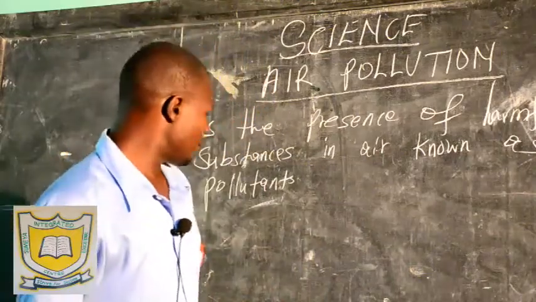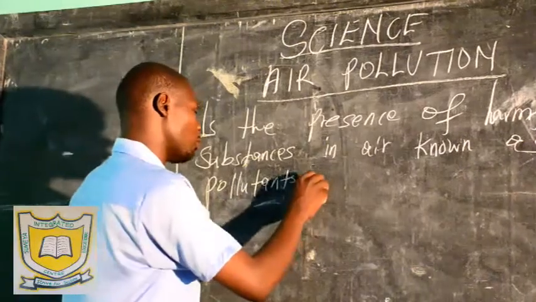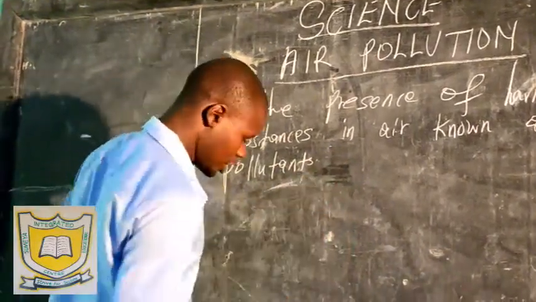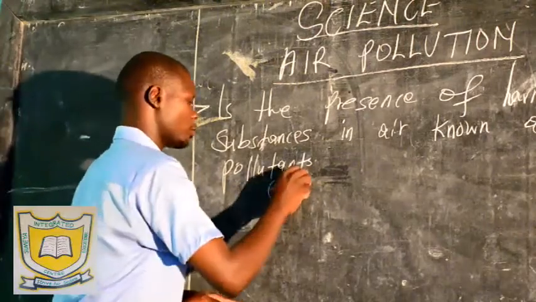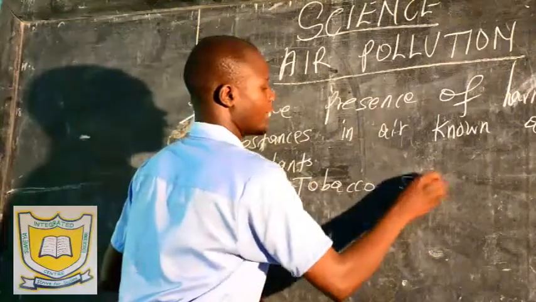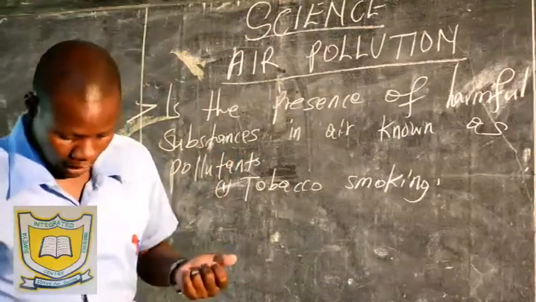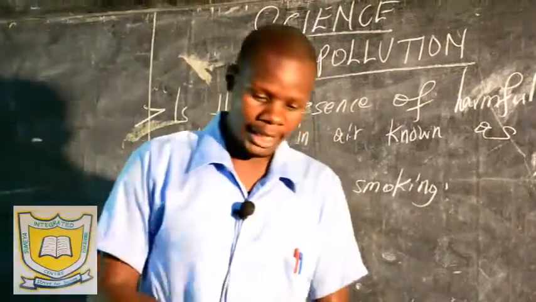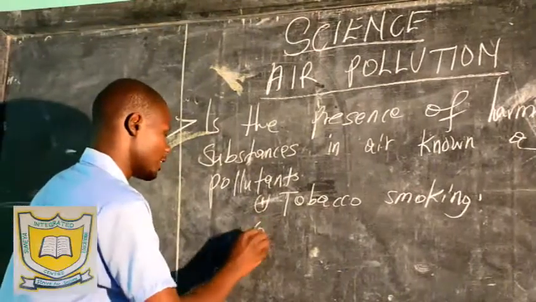Now, what are some examples of air pollution, the ways in which air can be polluted. One, tobacco smoking. That is one way of how the air can be polluted. Number 2, we have burning of tires and plastics.